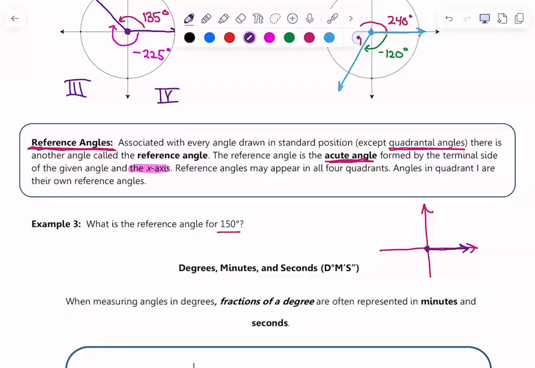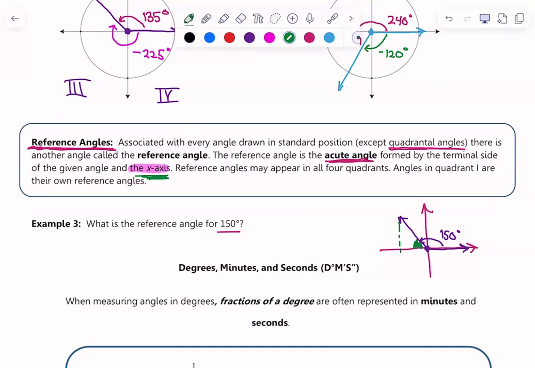So roughly like right here. All right. The key thing, and this is something all of us mess up on, is it needs to be attached to the x-axis, okay? So essentially what you're doing here, it's like you're creating a triangle. And really what we want to know is this green angle.